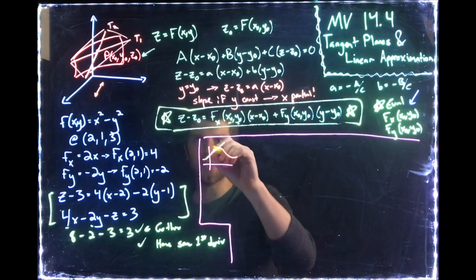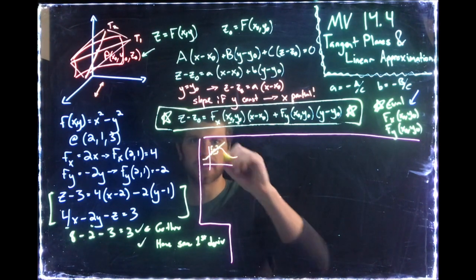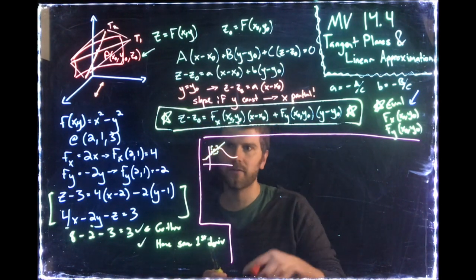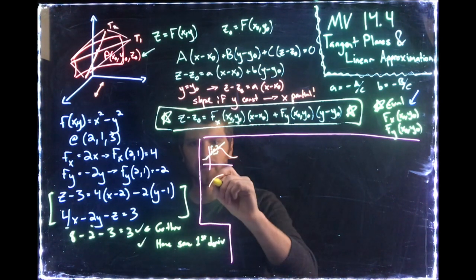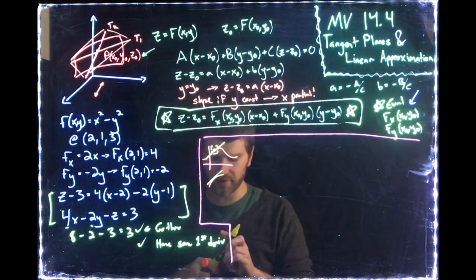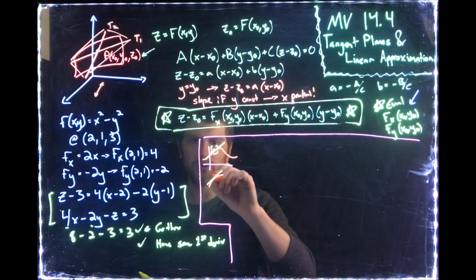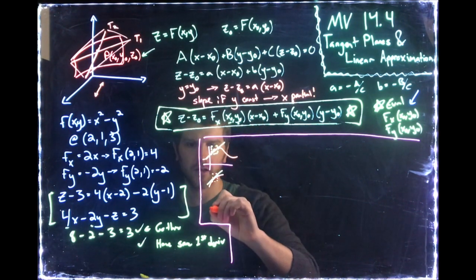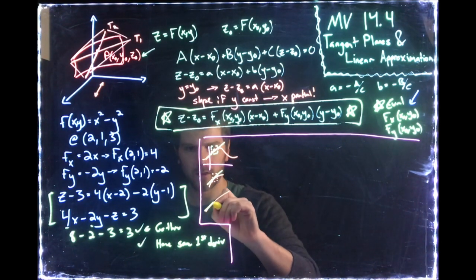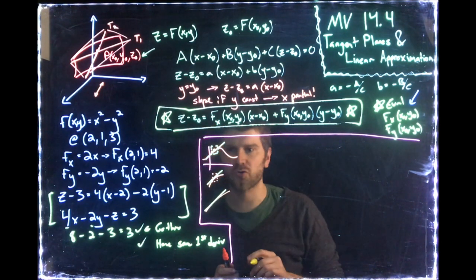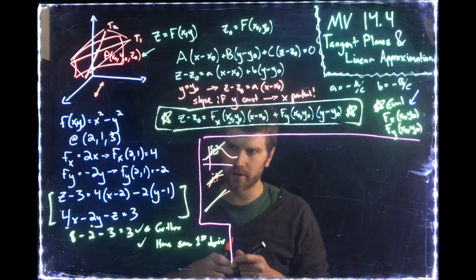If I zoom in and enhance, if I get a little closer, it looks like a pretty good fit. And if I zoom in a whole lot, that tangent line gets real darn close to the value of the function.